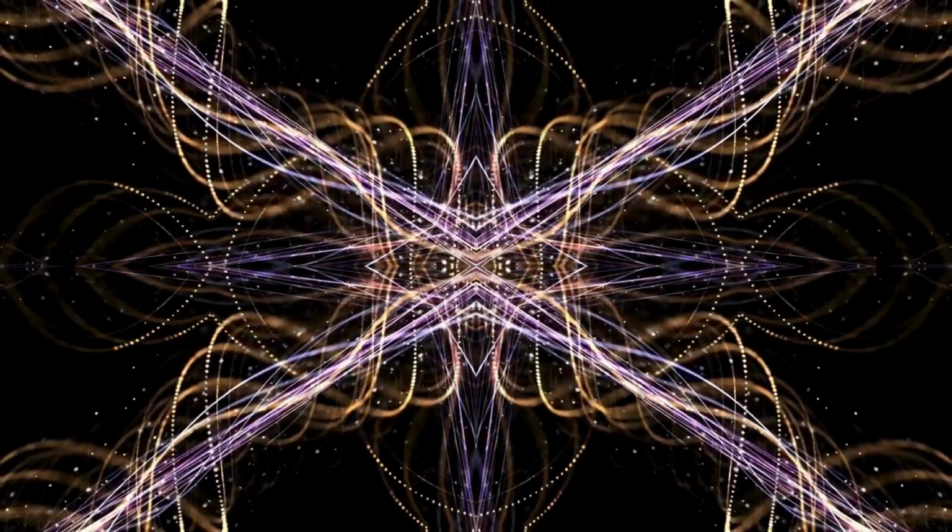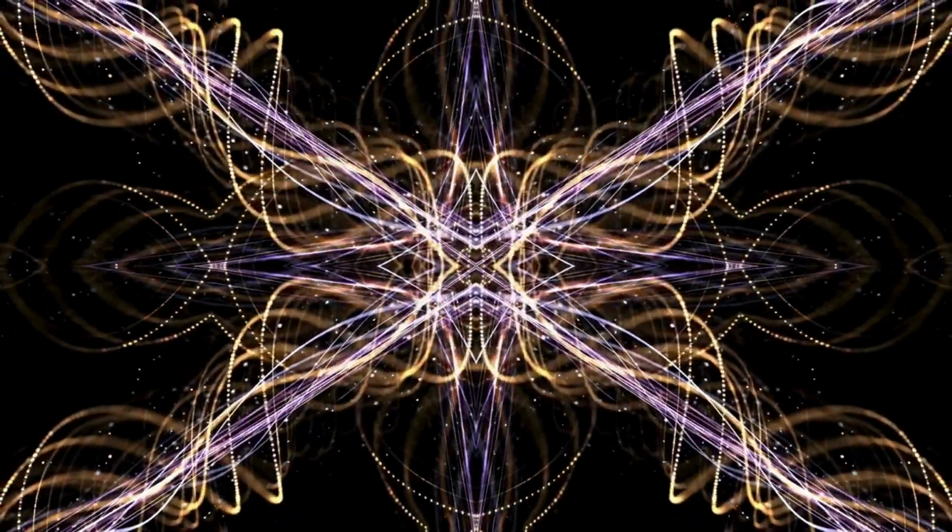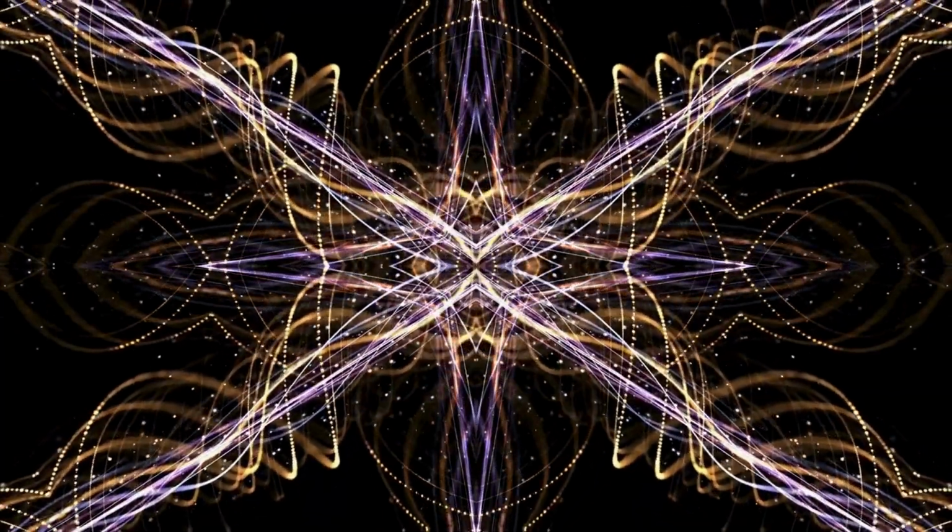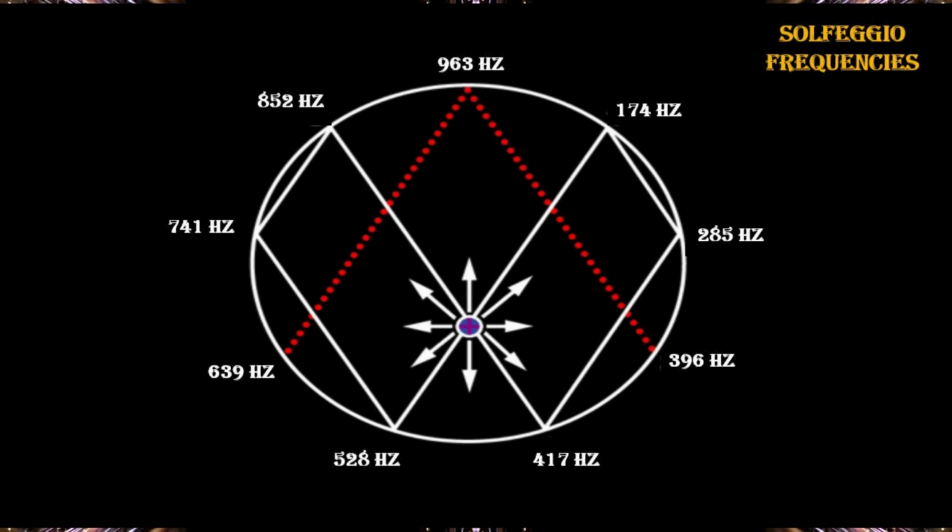Each tone carries a unique vibrational quality said to promote healing and consciousness expansion. These 9 frequencies range from 174 Hertz to 285 Hertz to 396 Hertz, 417 Hertz, 528 Hertz, 639 Hertz, 741 Hertz, 852 Hertz, and 963 Hertz.